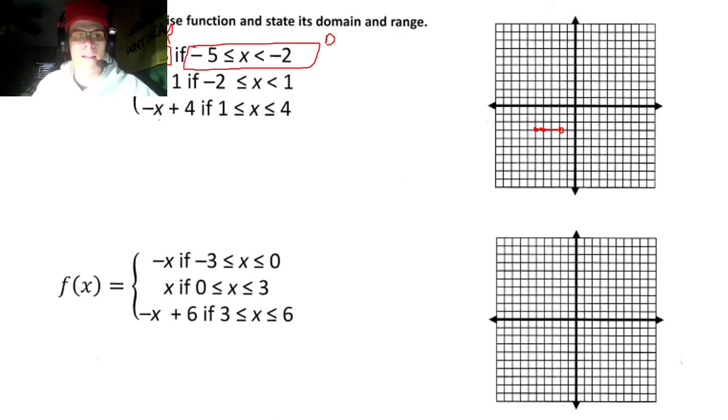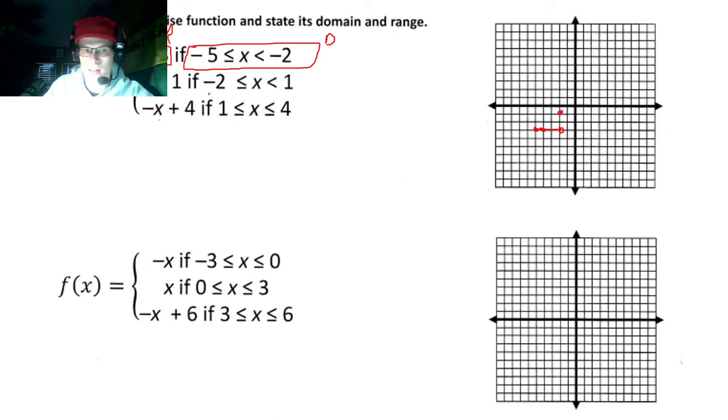Okay? Alright, x plus 1, if -2 is less than or equal to x, is less than 1. So that means if x equals -2, -2 plus 1 is -1. So that means we start here. Okay?